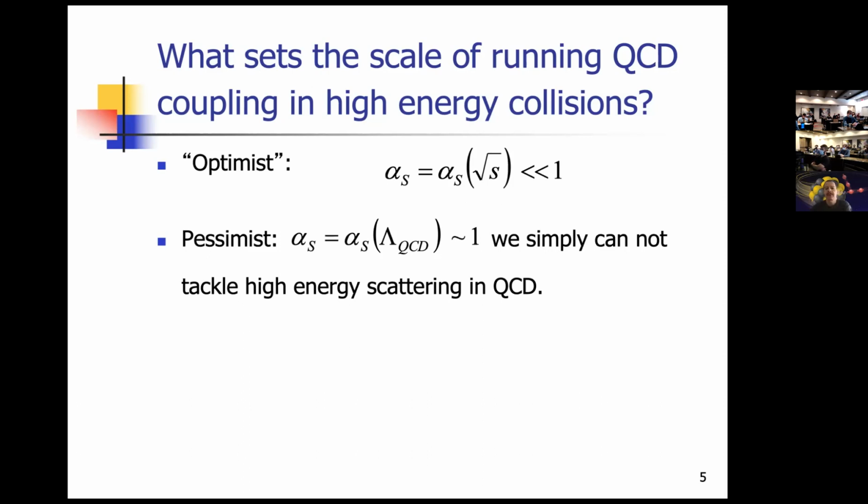And a typical momentum transfer in a typical minimum bias hadronic collision, for instance proton-proton collisions like at the LHC, is closer to lambda QCD than to square root of s.